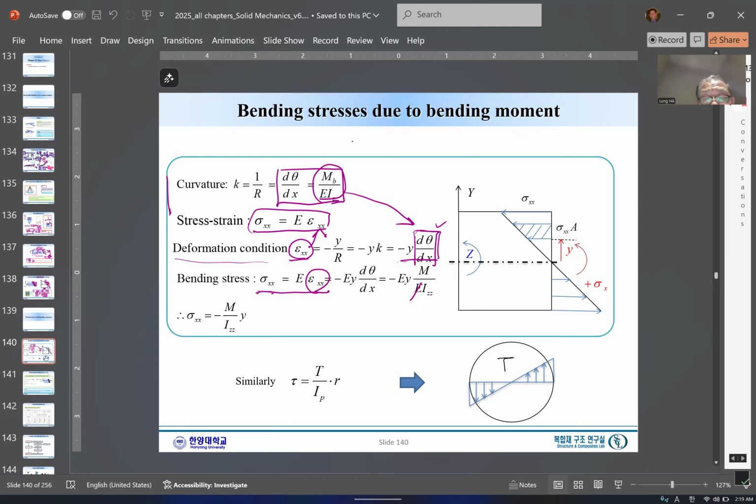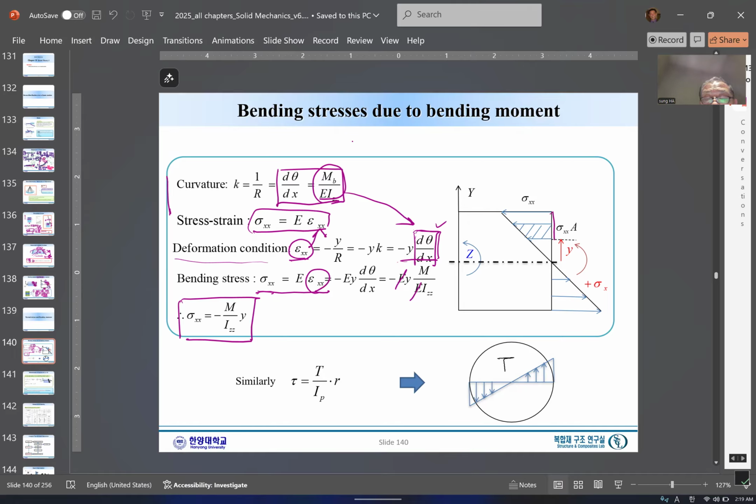And now Young's modulus E disappears. So this is the stress we have for the beam. It is a very simple equation and a very, very fundamental result.